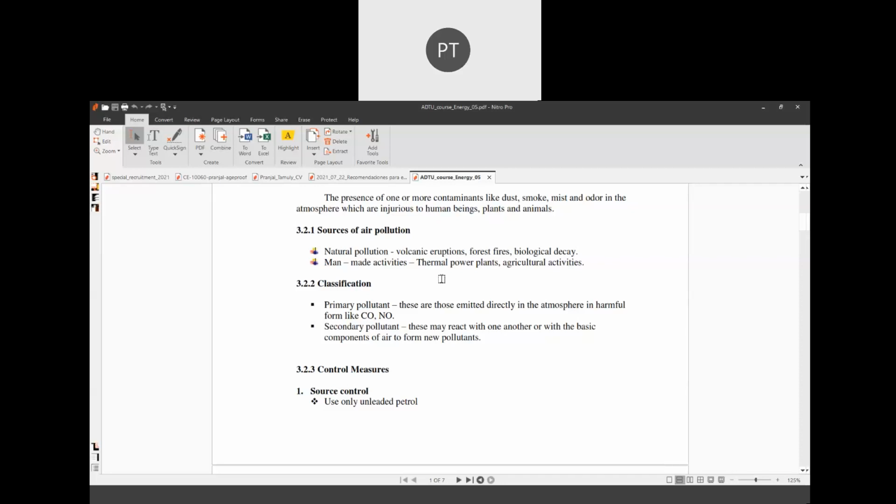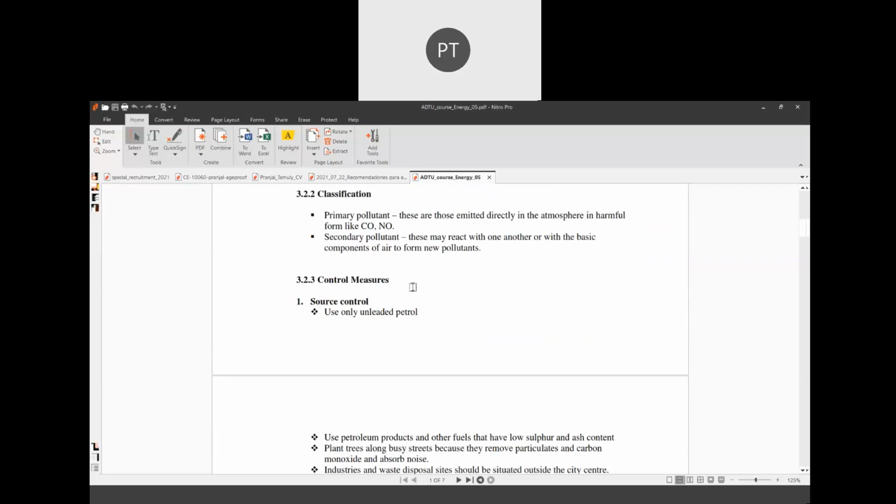You may have heard of the problem of smoke occurring during winter. This is pollution due to agricultural activity. Now, pollutants can be classified into types. The first type is called primary pollutant.